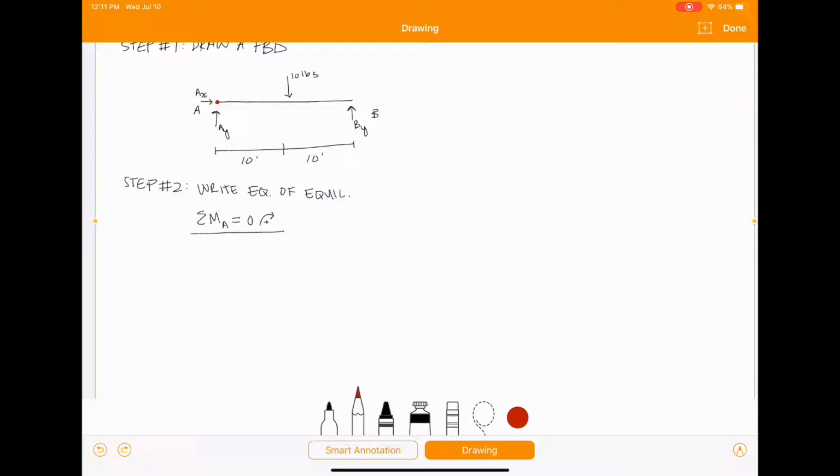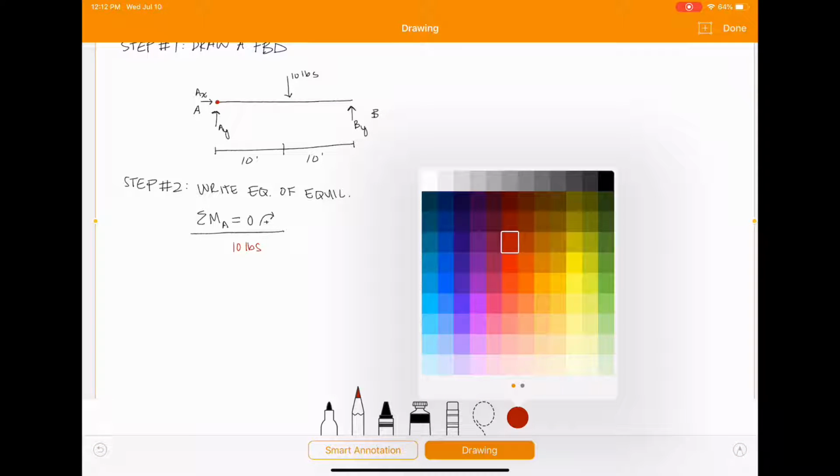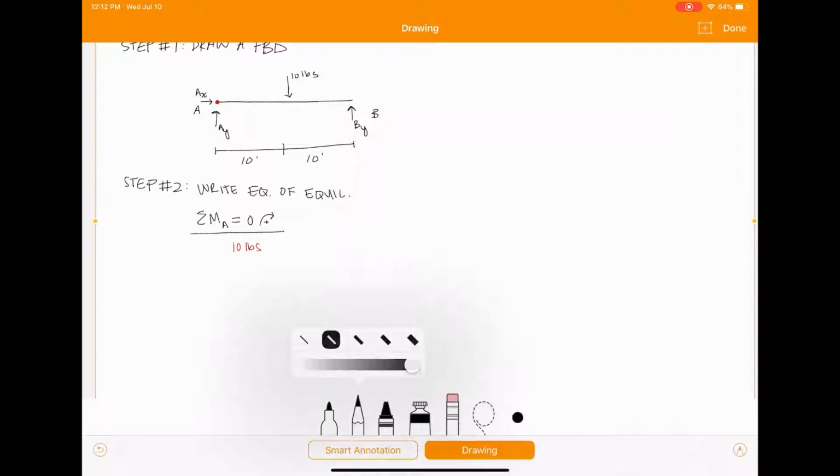We can continue down the beam and we hit our 10-pound force. Let me switch back to black. So we have 10 pounds, and its moment arm is going to be its perpendicular distance from the force to the point in question.